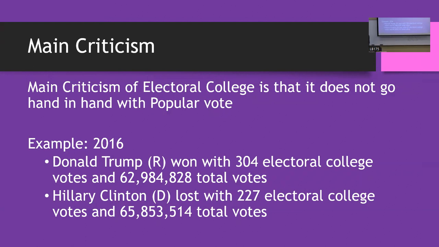The most recent example of that was 2016. Donald Trump won 304 electoral college votes. So that's a pretty broad margin in the electoral college compared to Hillary Clinton, who won 227. But actually, the number of votes won by Donald Trump was slightly less than the number of people who voted for Hillary Clinton.